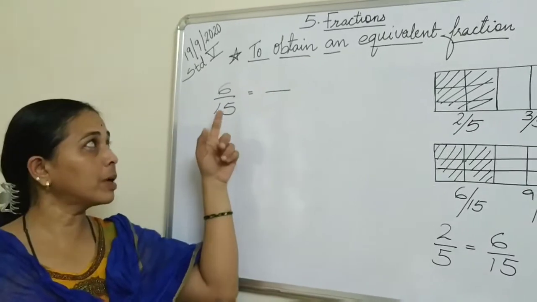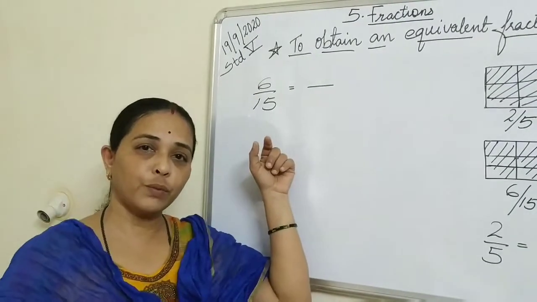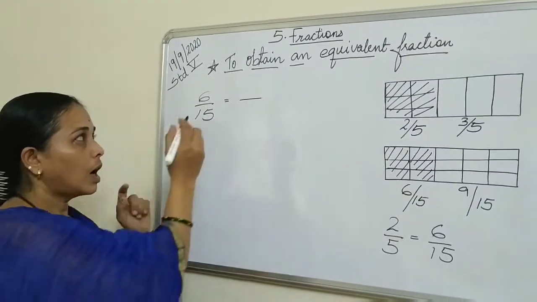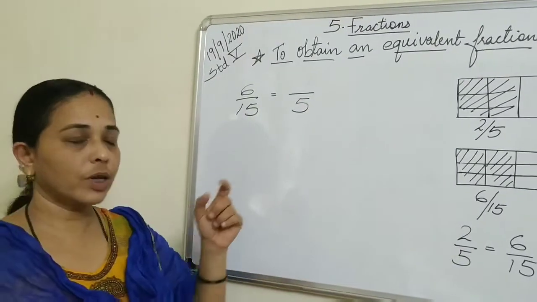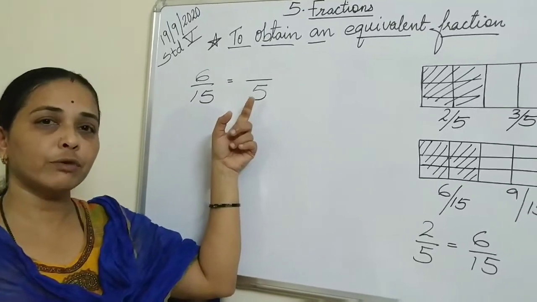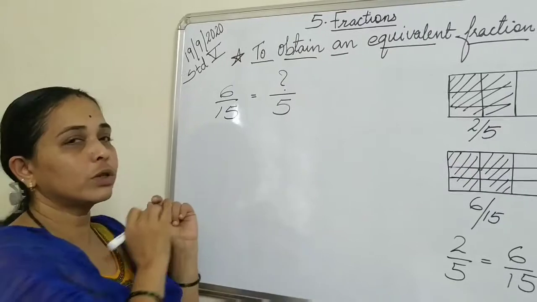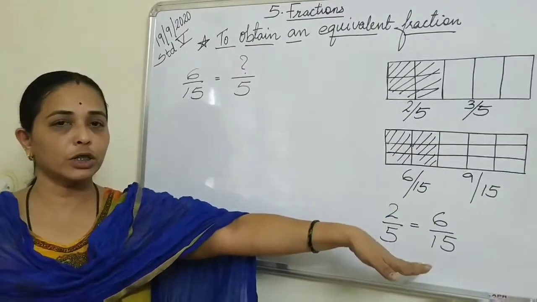Again we take 6 upon 15 and we have to find an equivalent fraction with denominator 5. You have to find the numerator suitable to that. Now you have learned 2 upon 5 is equal to 6 upon 15.